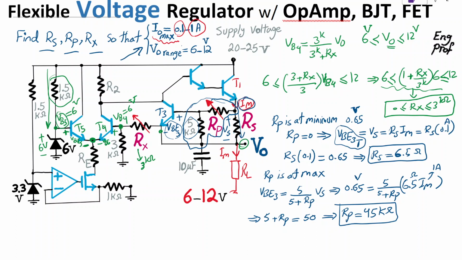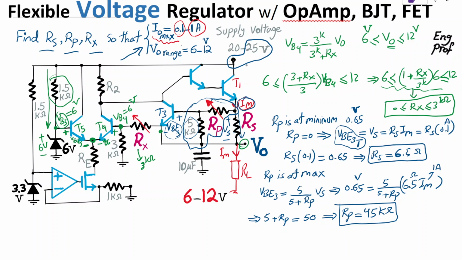Of course, since we now know the range of maximum current going through transistor T1, we can also compute the maximum power dissipated in transistor T1 by considering that the maximum voltage supply is 25 volt. Again, the voltage supply is not a clean supply. It can change from 20 to 25, but the nice property of the circuit is it will keep the V out fixed at 6 to 12 volt depending on what we set Vrx.